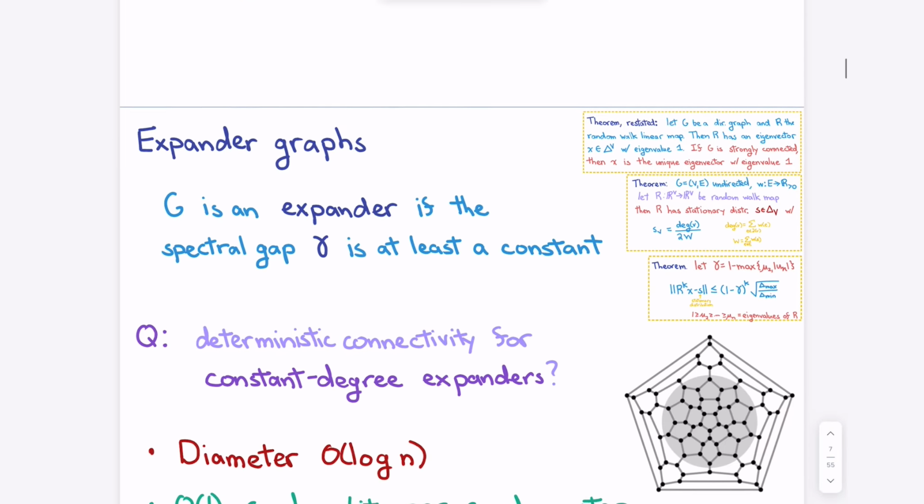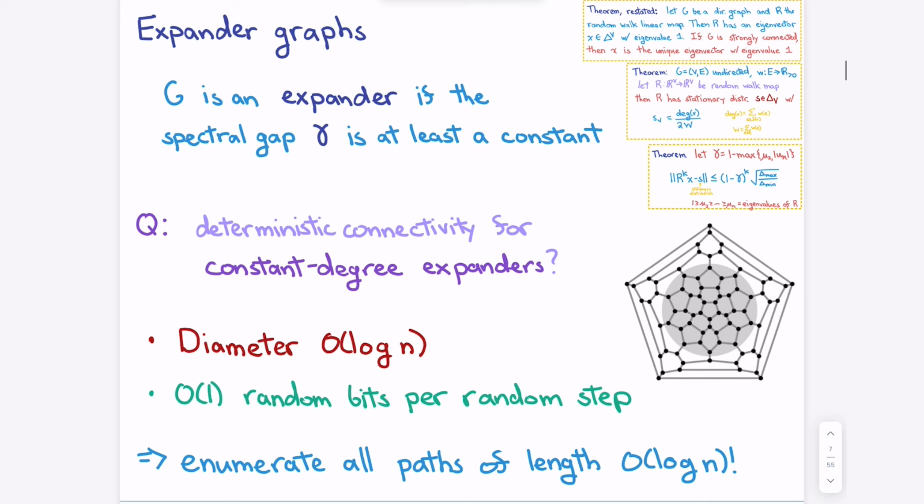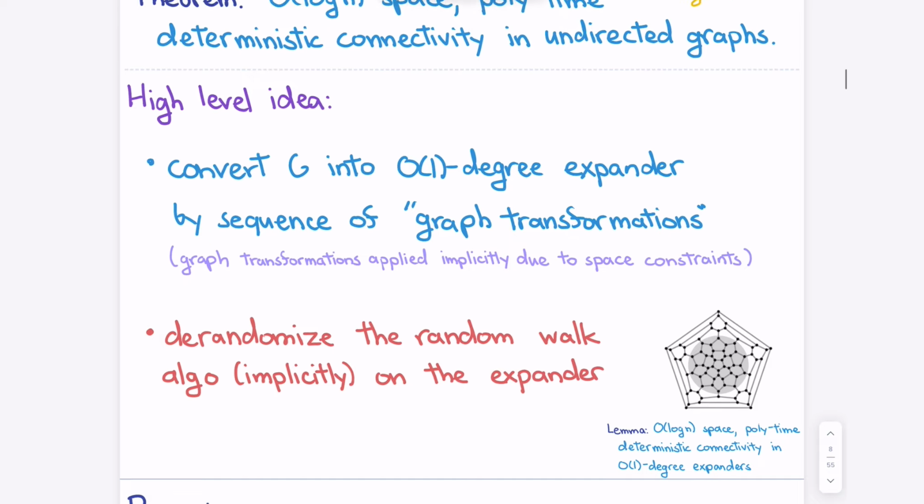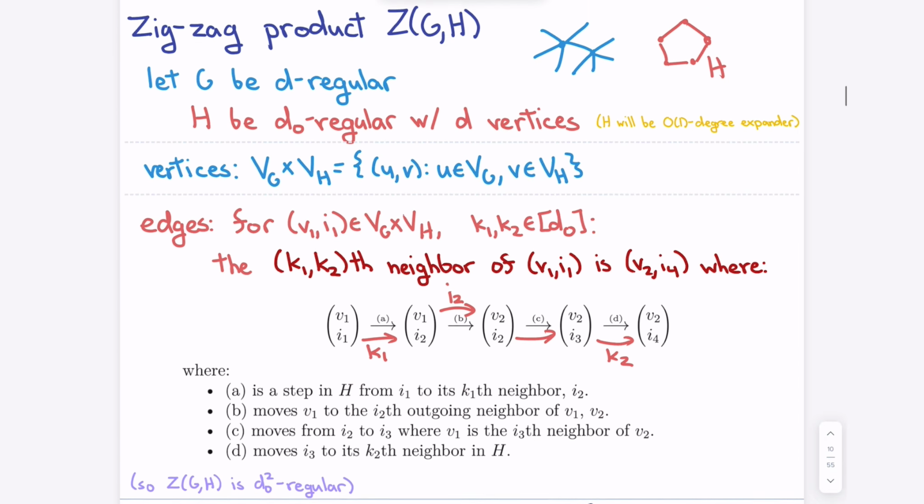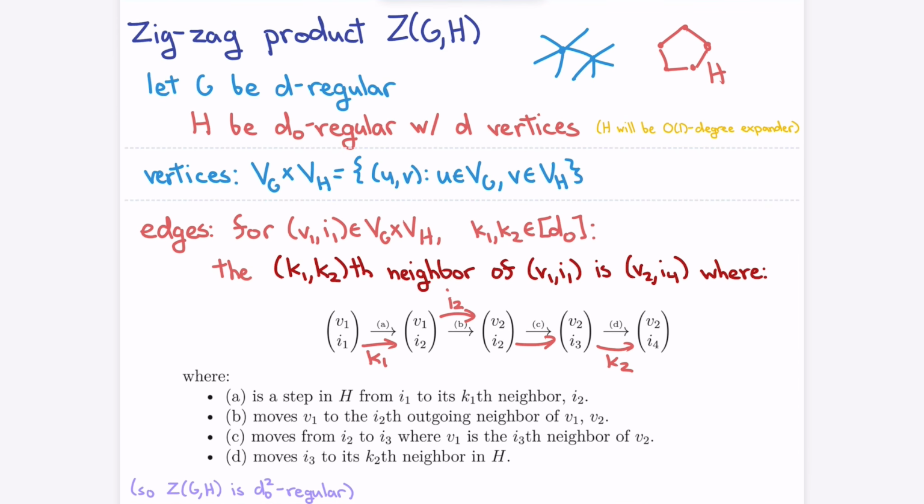So again, we know that for expander graphs, connectivity is actually easy. You can enumerate all paths, and a few bits can generate a lot of randomness. And so the intuition with the zigzag product was to use the expander graph as a sort of pseudo-random generator.